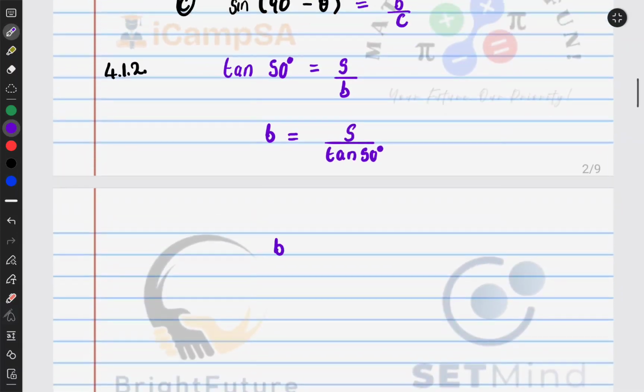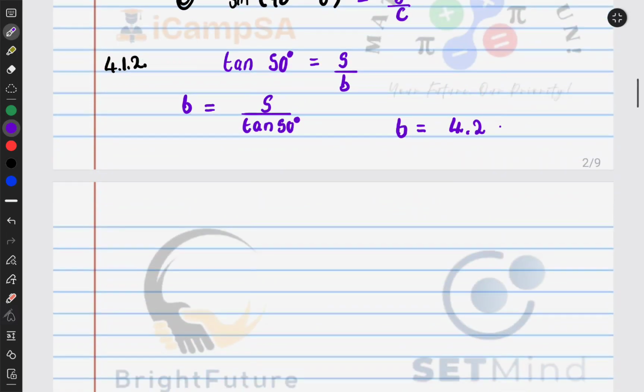Now we punch this in a calculator, and B is equal to 4.2 units. That's the value of B.